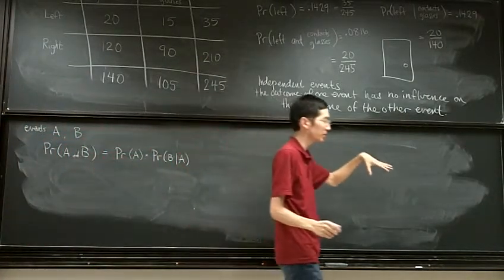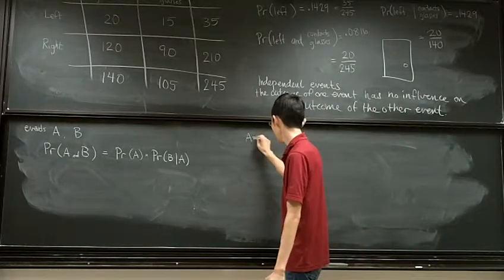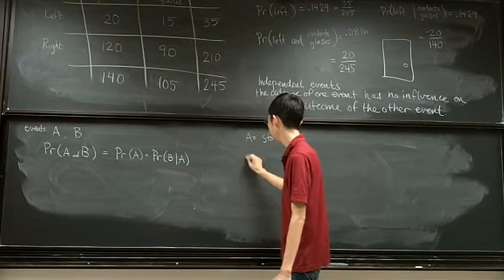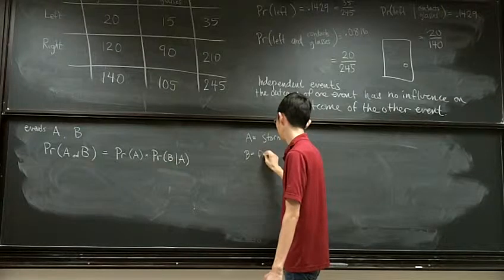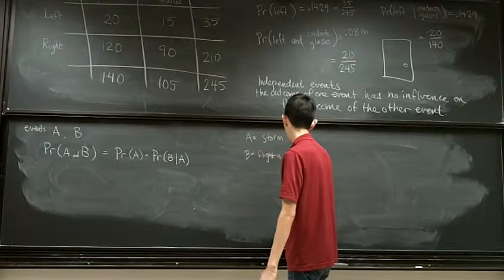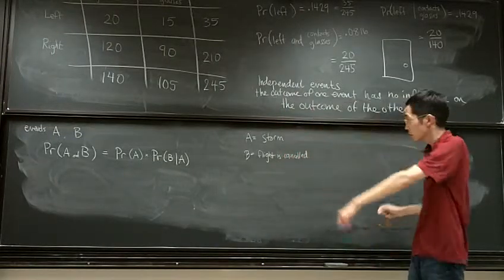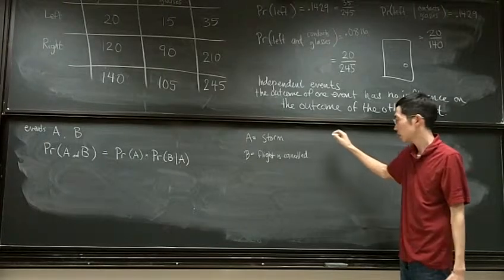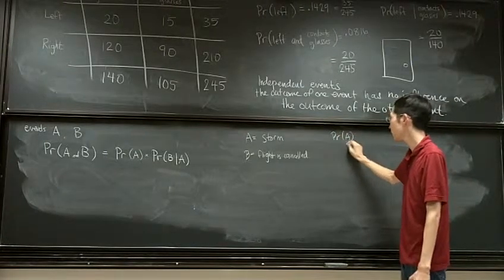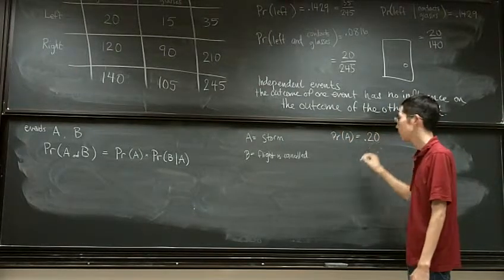So it could be something like, let's say A is there's a storm, and B is your flight is canceled. We could say the probability that there's a storm tomorrow, depending on the weather or whatever, maybe there's a 20% chance of a storm.